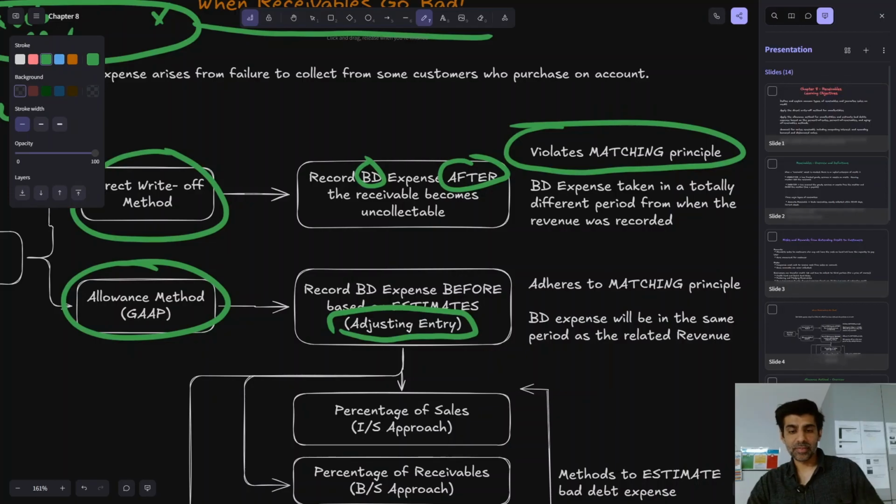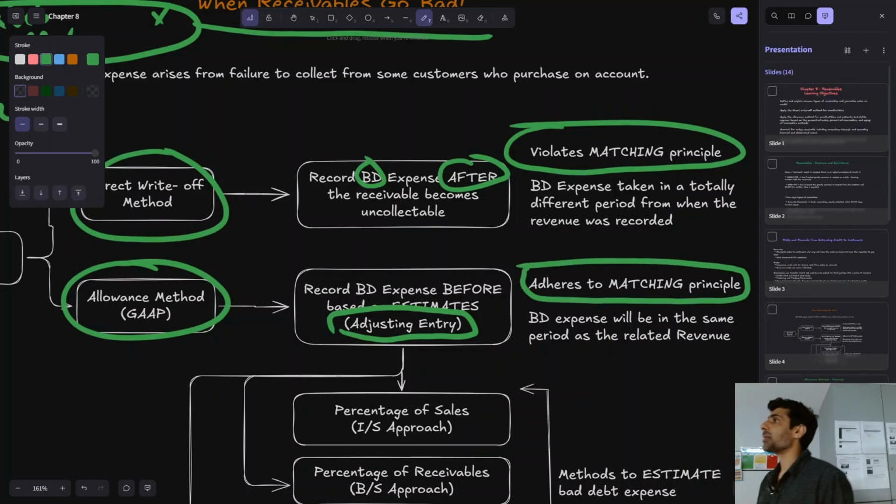So this does adhere to the matching principle, but it's less accurate because we don't know exactly how much of that receivable at the end of the year we won't be able to collect in the upcoming year. We're going to have to estimate that.